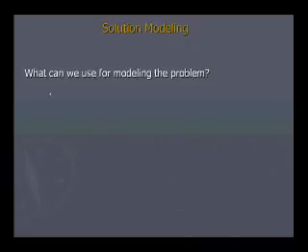Alright, first of all, before going for the solution, we have to model the problem in a way which will be easier to solve. So, what kind of modeling methods can we use?